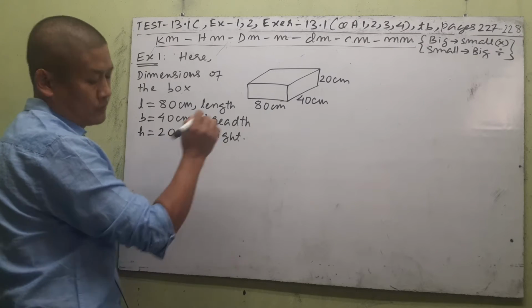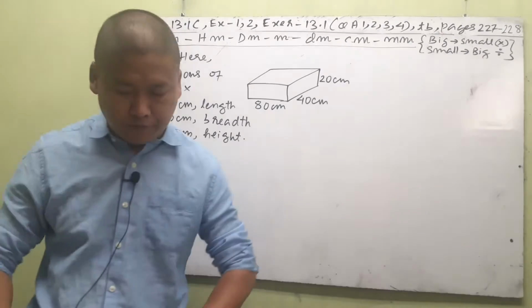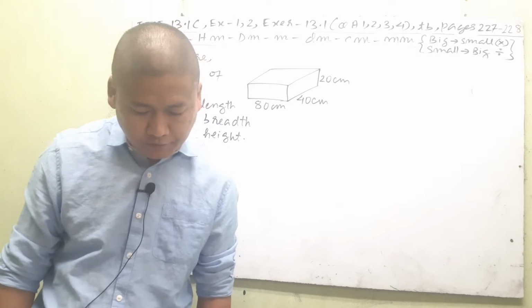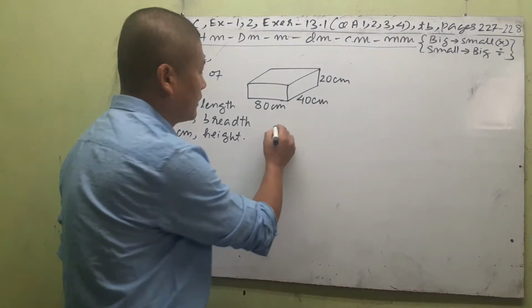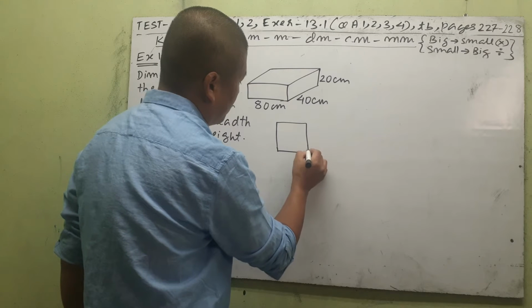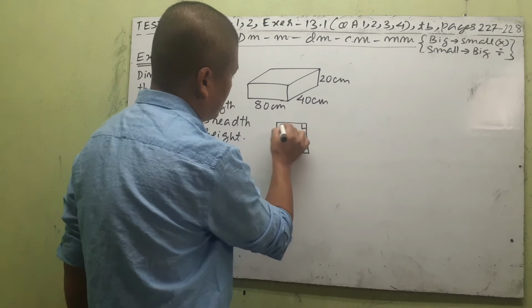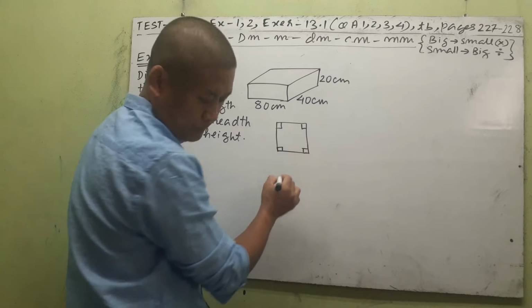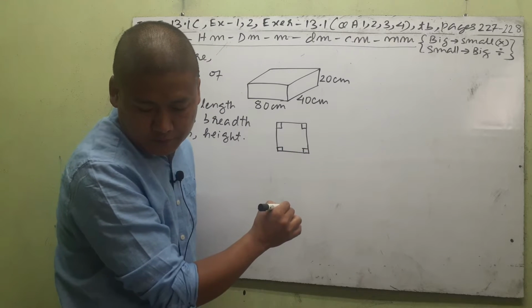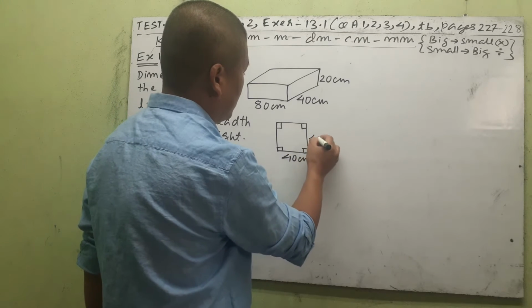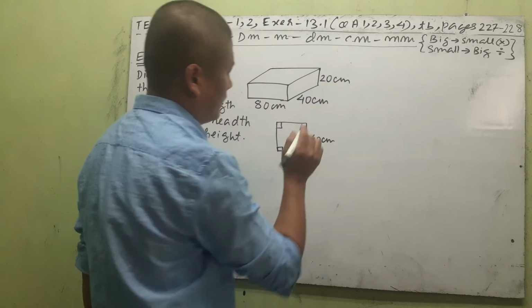So this is the box. Since she is going to cover the whole thing with a square sheet of paper of 40 centimeter side, that means a square sheet of paper like this. Square means all four corner angles are 90 degrees each and the sides are all the same, 40 centimeter everywhere.